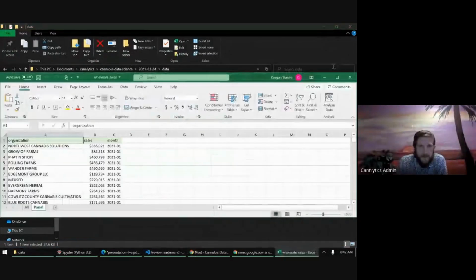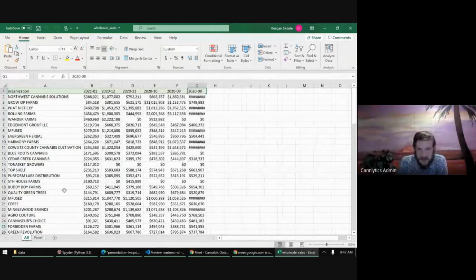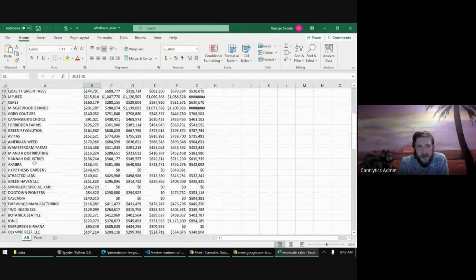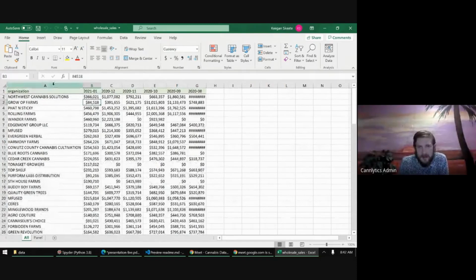So we have wholesale sales in two different formats here. You have it in columns, with monthly wholesale sales for these six months from August of 2020 to January of 2021, and we have the firms and their monthly sales. A common way to look at this is what's called panel data.